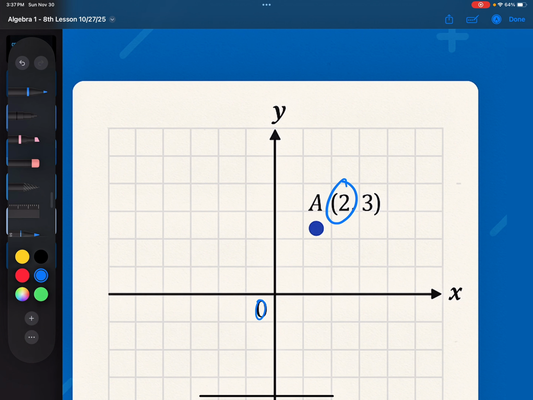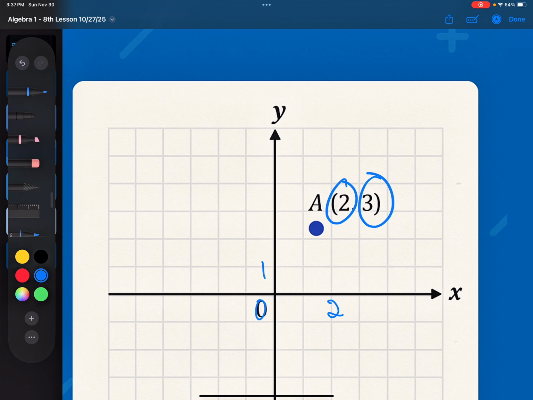But it wouldn't be 2, 0, because we have a 3 here as well. If there's a 3, according to the y-axis, we have to move 3 upwards. So this is 2, right?